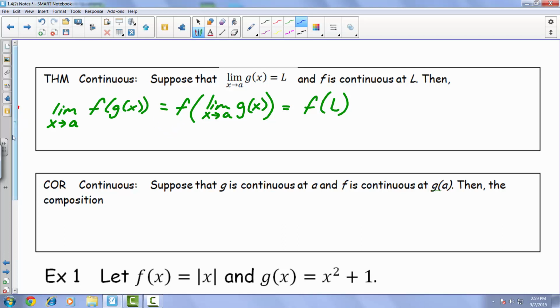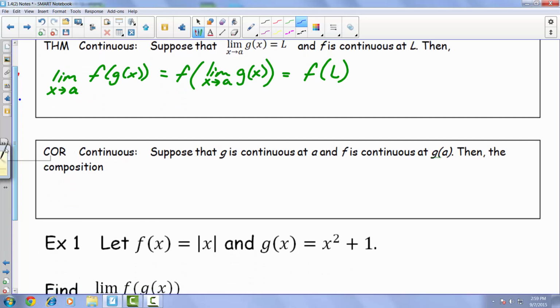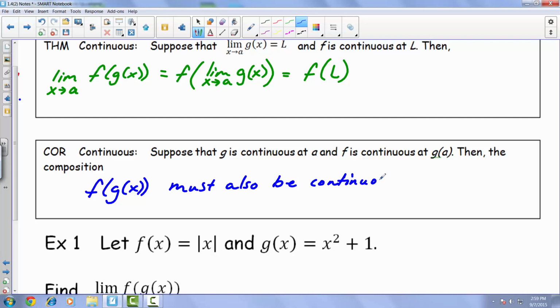with continuity. Suppose that g is a continuous function at specifically this value a, and f is also continuous at g of a, then the composition f of g of x must also be continuous at a.